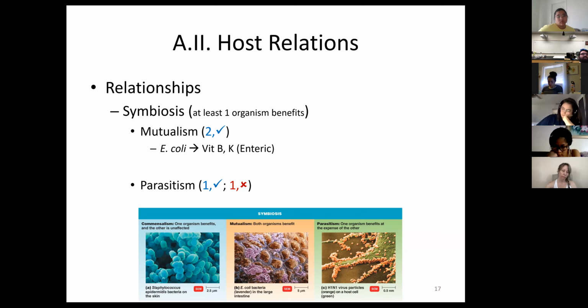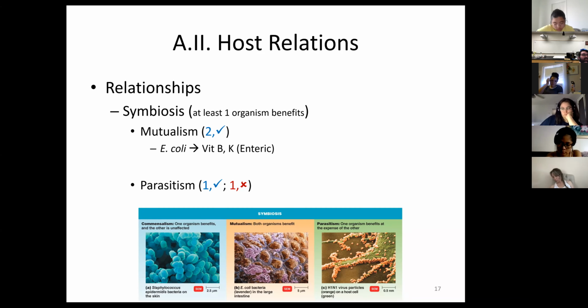They probably meant to say it's mutualistic, which means that both organisms are getting something out of that relationship. Classic case also is E. coli. Not only is it getting food as you consume it and you absorb it in your intestines, but E. coli also provides you with certain vitamins. So you get a little bit of some cofactors and it gets some food. So both organisms benefit in this case, right?